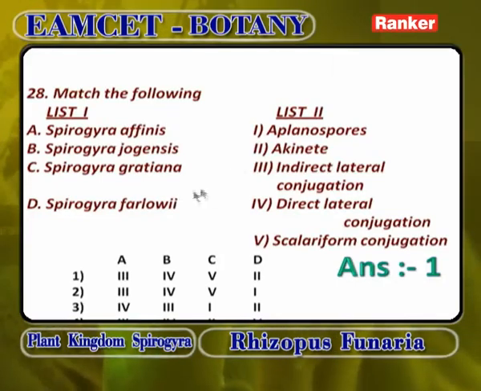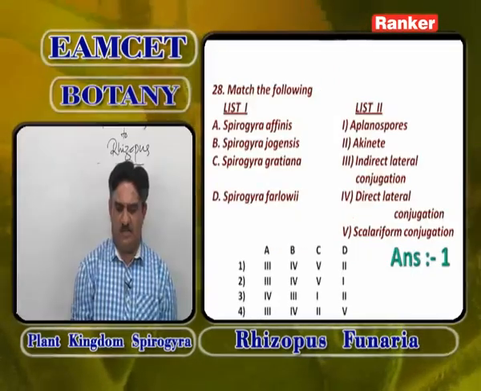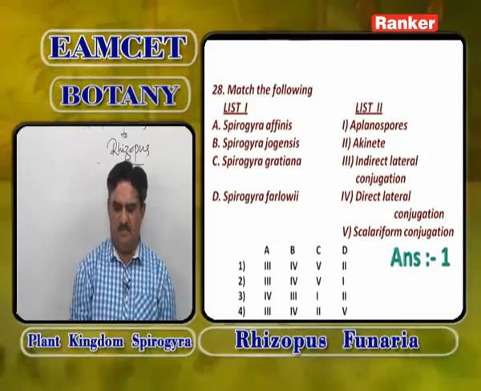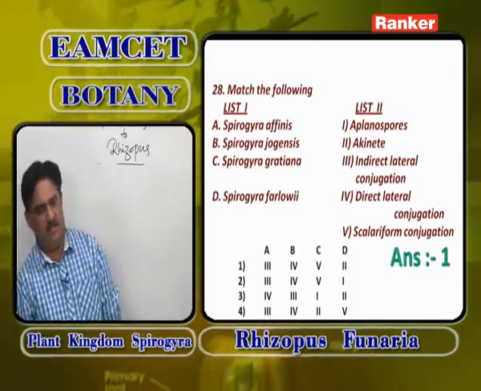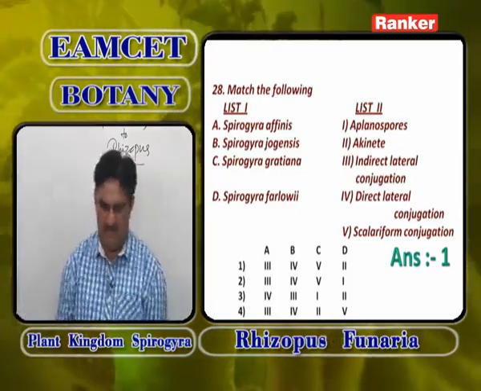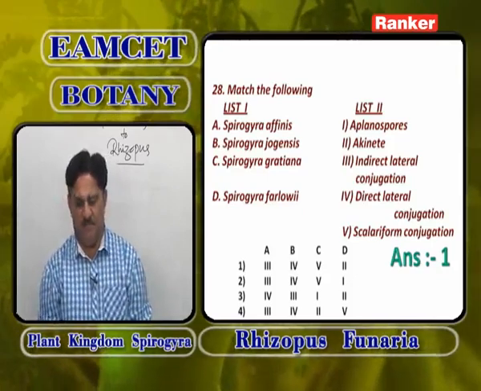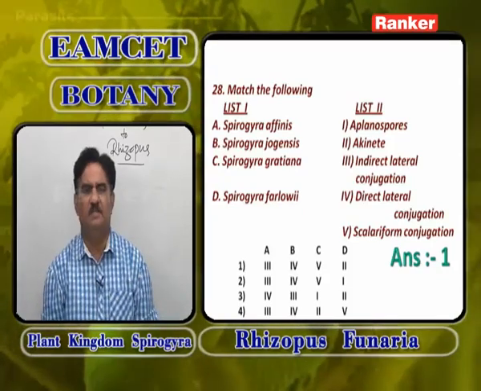Spirogyra farlovi, akinetes, second option. So A3, B4, C5, D2, answer is first option. Spirogyra affinis, indirect lateral conjugation. Spirogyra jogensis, direct lateral conjugation. Spirogyra graciana, scalariform conjugation. Spirogyra farlovi, akinete formation. So first option A3, B4, C5, D2.